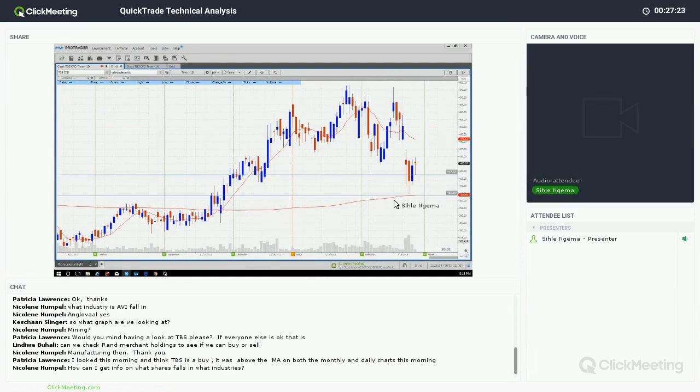I've got the 200 moving average also here on this one. It came very close to our 200 SMA, and buyers came in. They pushed the price up.